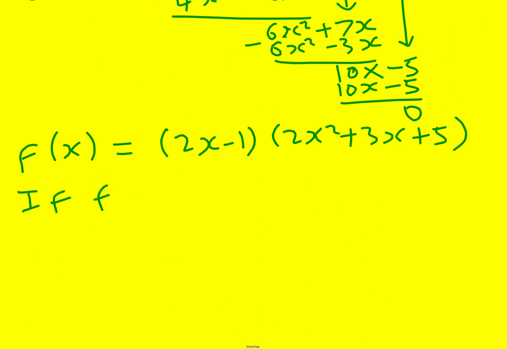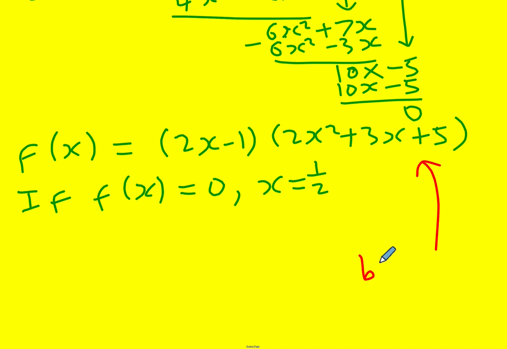If f of x equals 0, x equals a half, and then we need to think about this one here, but actually this does not factorize nicely, and the reason is that it doesn't have any solutions.